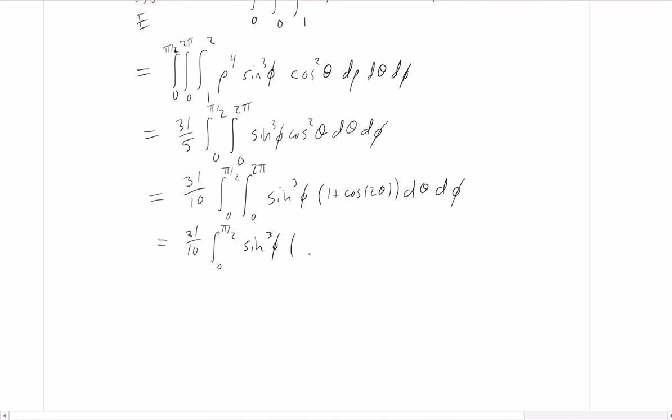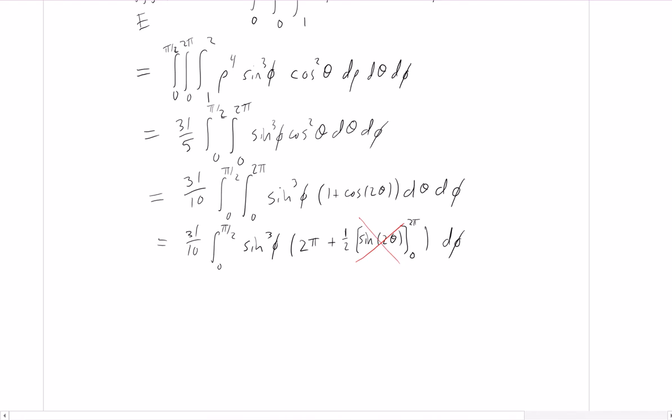The first term, when we integrate 1, we just get 2 pi. And the antiderivative of cosine 2 theta is 1/2 sine of 2 theta, and we have to evaluate that from 0 to 2 pi. But this is of course just 0.